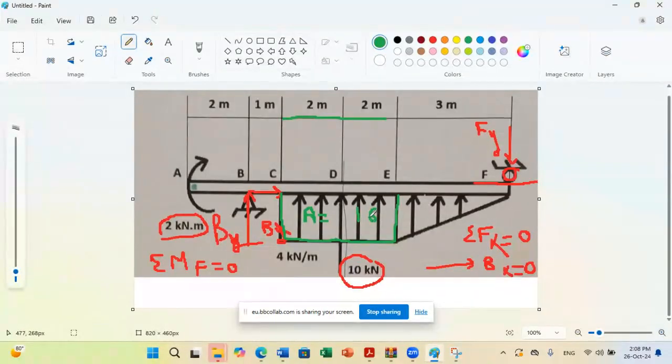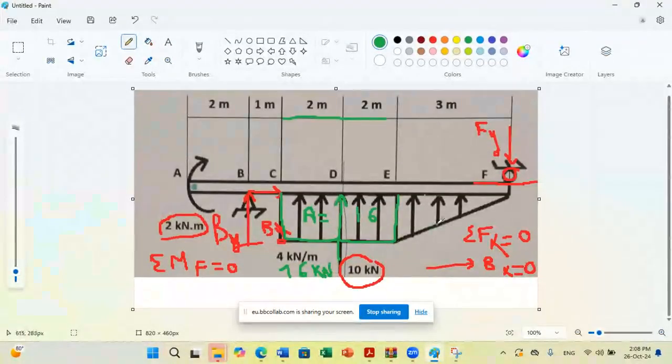And since we can replace a distributed load by a force passing through its centroid, and the centroid of the rectangle is along this line, I can put here, in addition to the 10 kilonewton, 16 kilonewton upward.